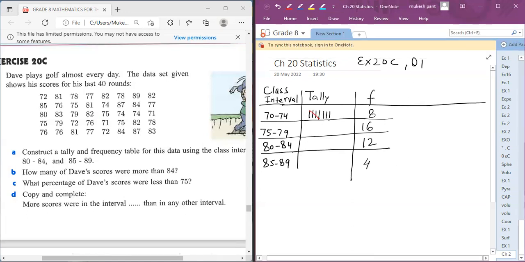Then for 16, 1, 2, 3, 4, 5. This is 5. Then 1, 2, 3, 4, 5, 10.